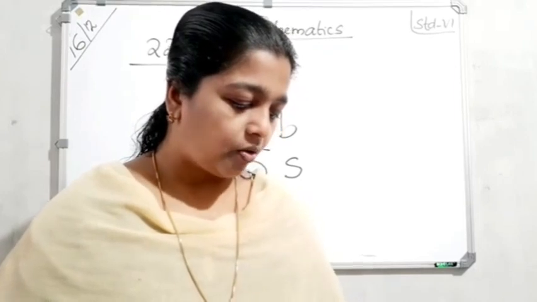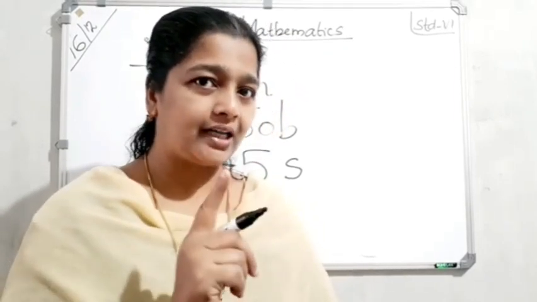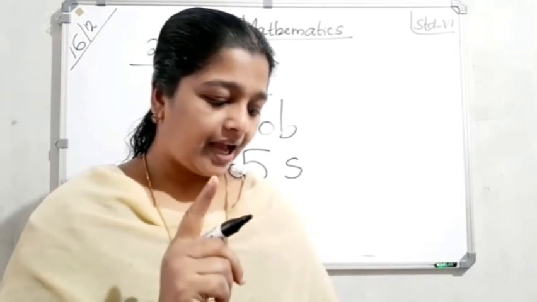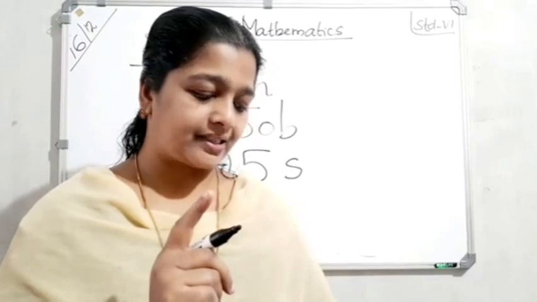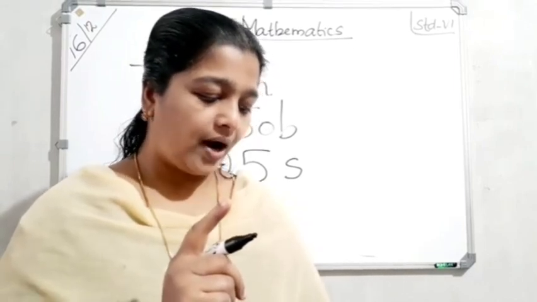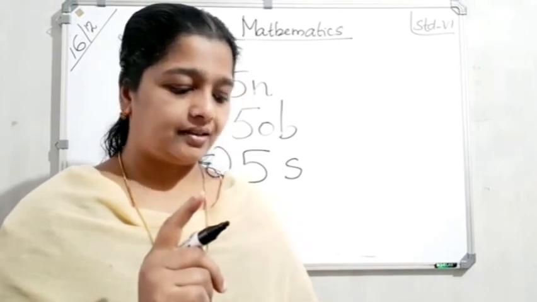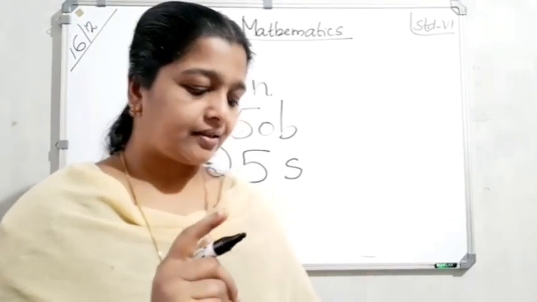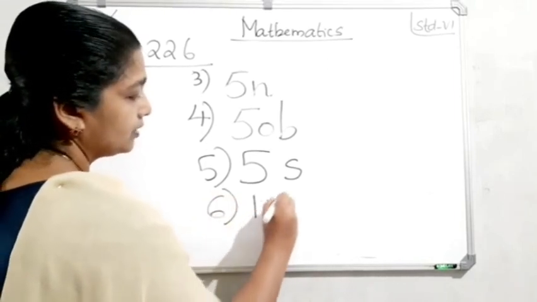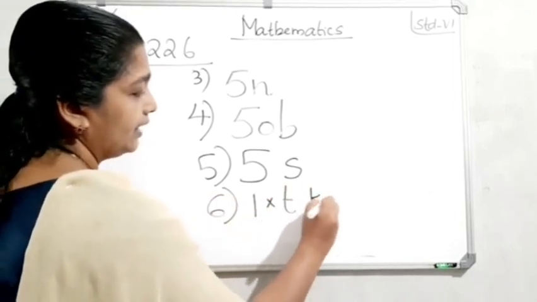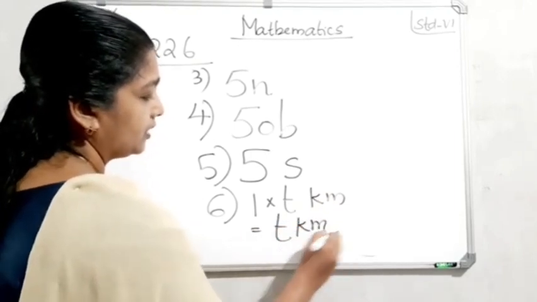So here 1 kilometer in 1 minute. Understand, 1 kilometer in 1 minute, and T is the flying time in minutes. So that is 1 into T. Clear? So 1 into T equals T. That equals T kilometers.